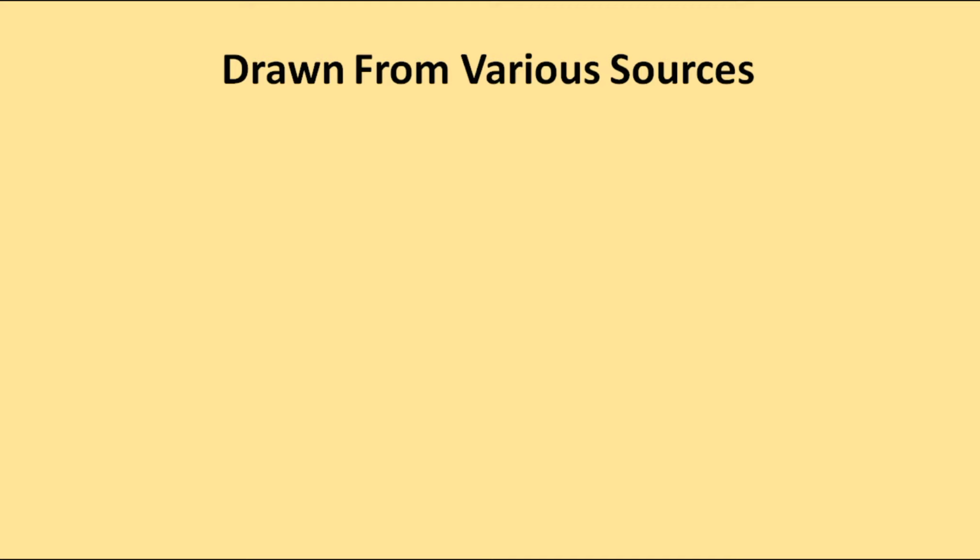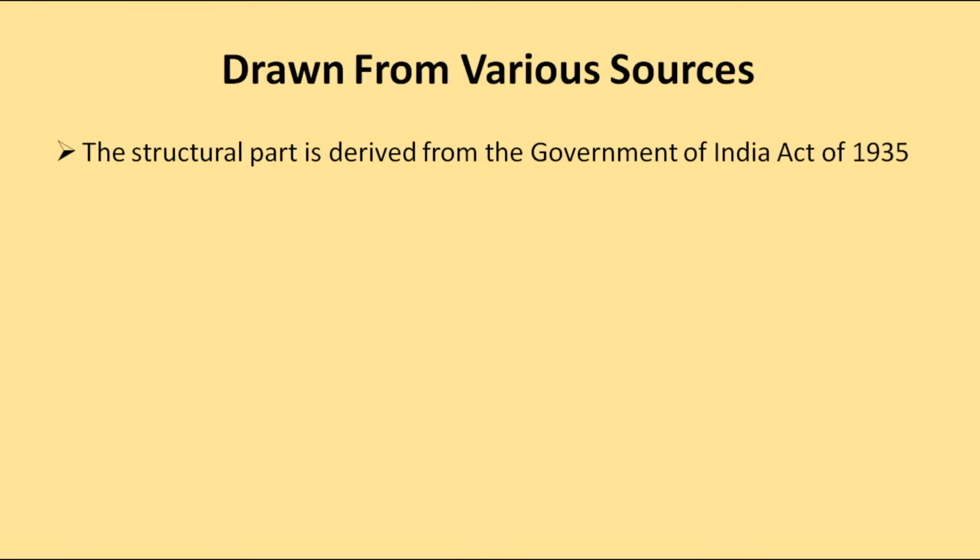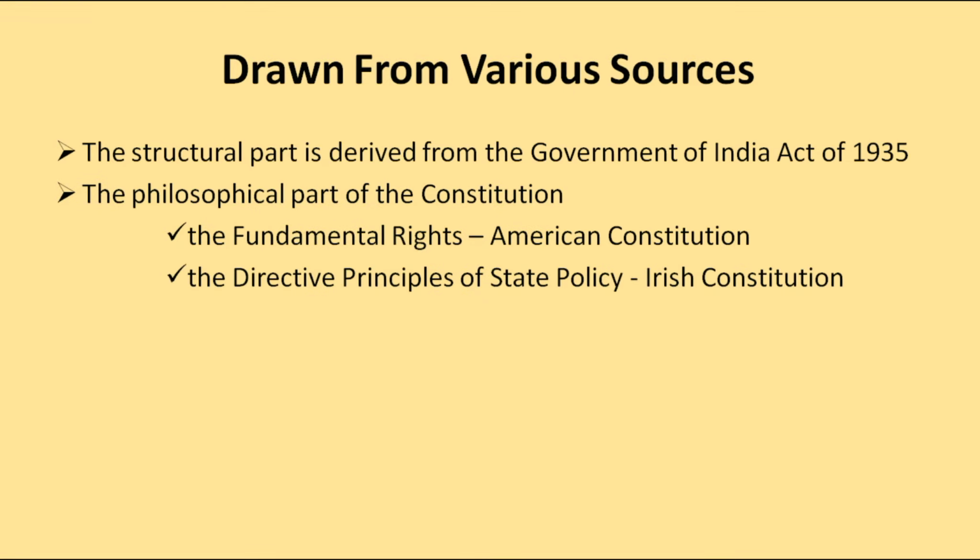In the previous chapter we read that the constitution makers, while making our constitution, went through the constitutions of about 60 countries. So the various provisions of our constitution have been brought from different countries. So let's see, the structural part is derived from the Government of India Act of 1935. Then the philosophical part, like fundamental rights, is taken from the American constitution, the Bill of Rights.